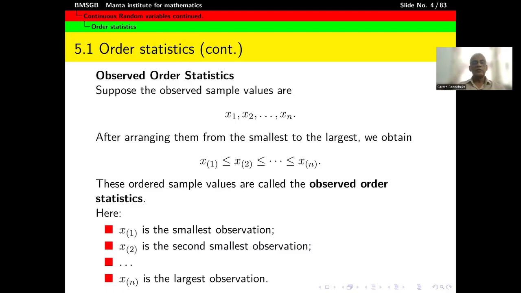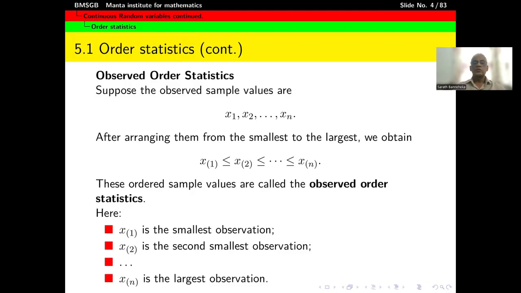So similarly, when we talk about order statistics, we can talk about two quantities. One is the observed order statistics. The other one is the random order statistics. So suppose we have an observed sample or realization, simple x1 up to simple xn. So these are just numbers.